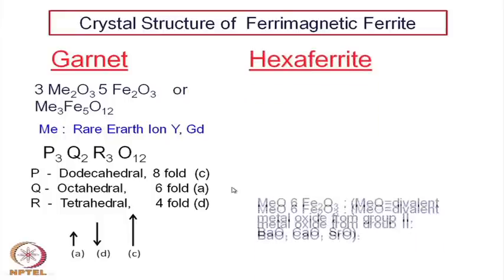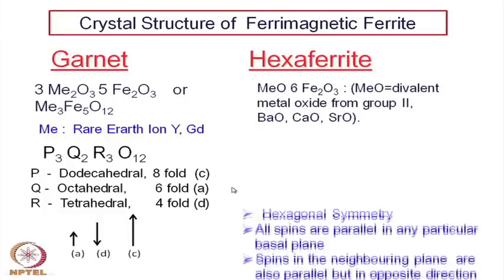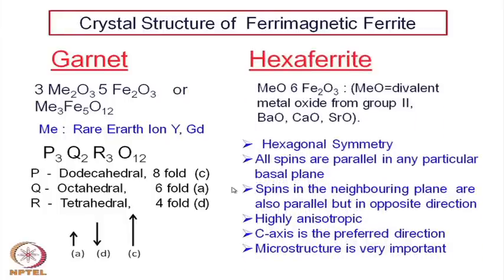The other one is hexaferrite. Well, the details are not fully there, except that they have a hexagonal symmetry, and the formula we have already discussed. The compounds are either barium hexaferrite, calcium hexaferrite or strontium hexaferrite. All of them more or less have identical properties.